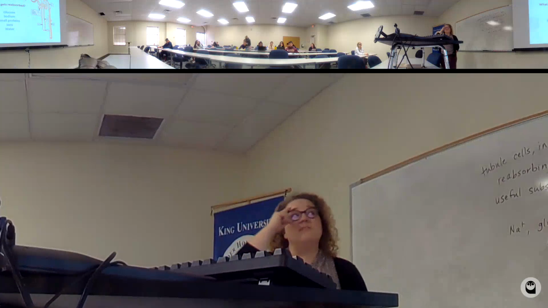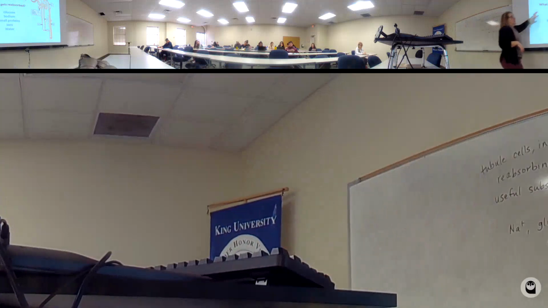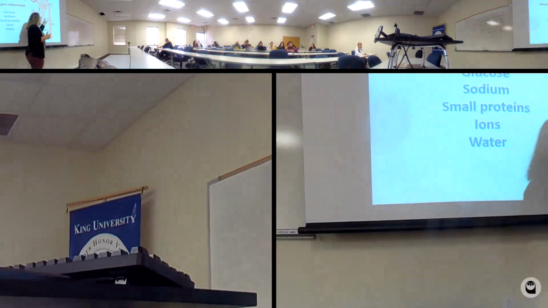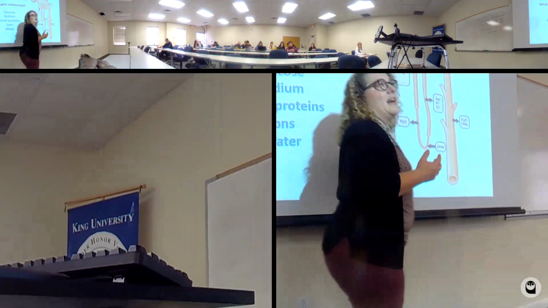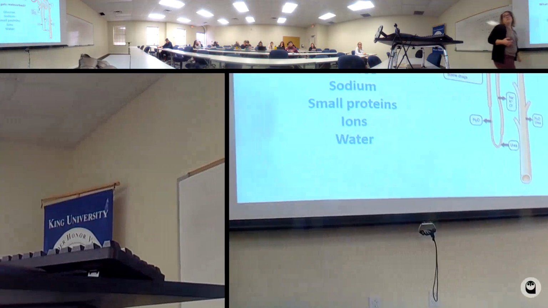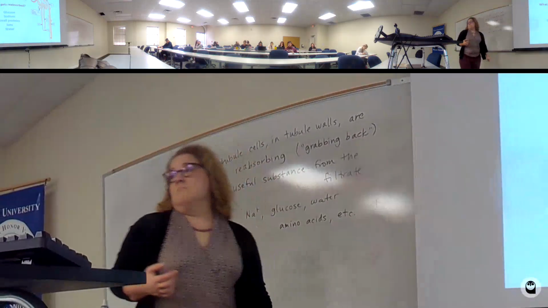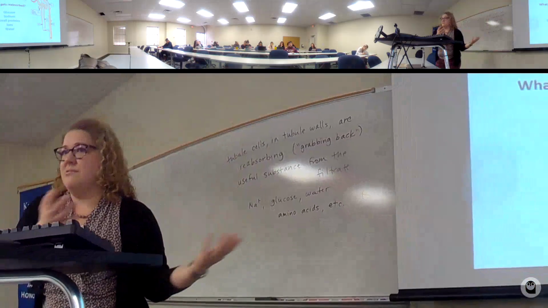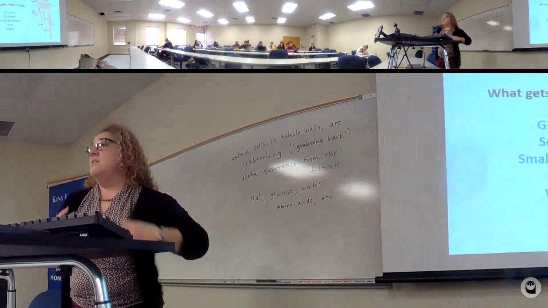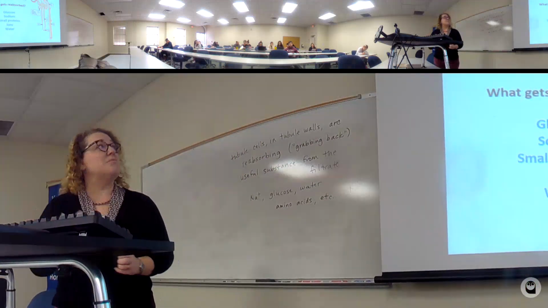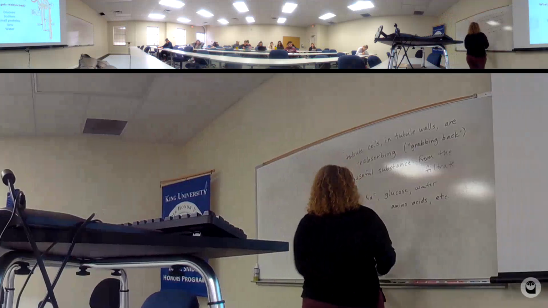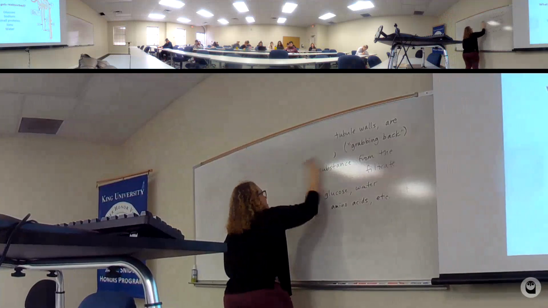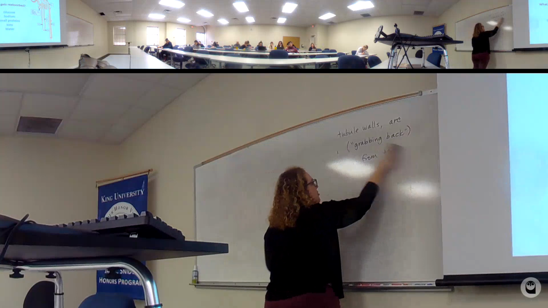The way that our kidneys do this, like how do we get it back? How do the tubule cells get this stuff back? They are spending ATP to do it. It's not like they magically go back to the blood. There has to be spending of ATP to do this. And so it's active transport.